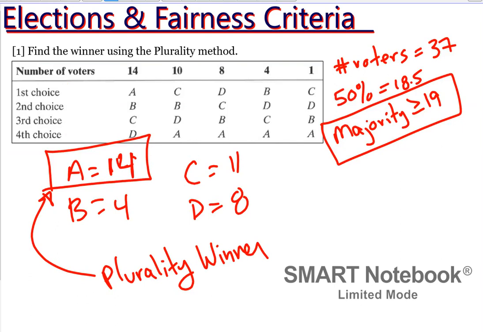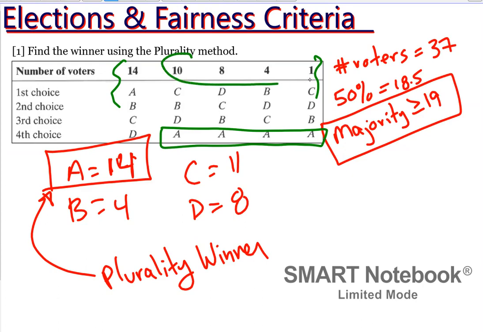Here, using the plurality method, meaning using the method of choosing just first place votes, A would have been the winner. But through further examination, we see that A is the last choice for the majority of people voting. Yes, I use the word majority because this adds up to 23, which is greater than 19. The majority of voters put A as their last place choice.